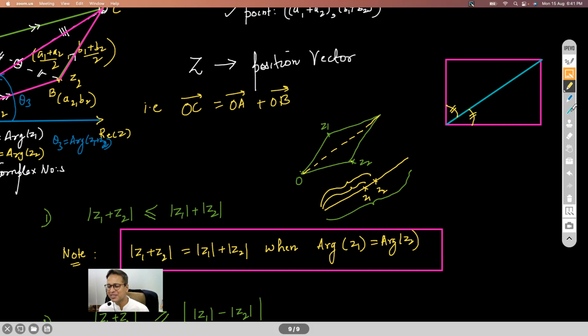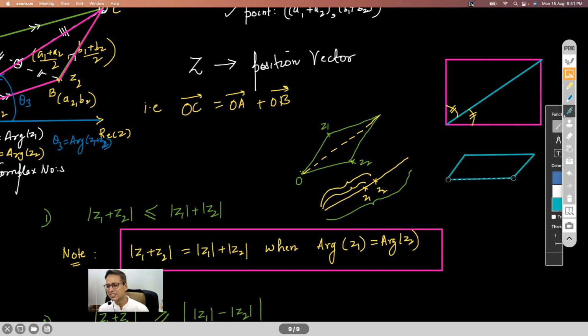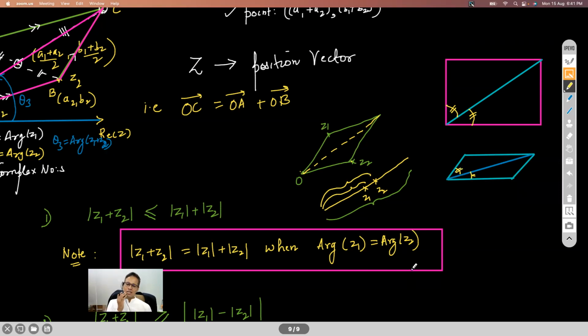Or for that matter, in a parallelogram. Let me make a parallelogram. Okay, when do you think this angle and this angle will be equal? Saket, for a rectangle it is equal. These two angles are equal in a rectangle.